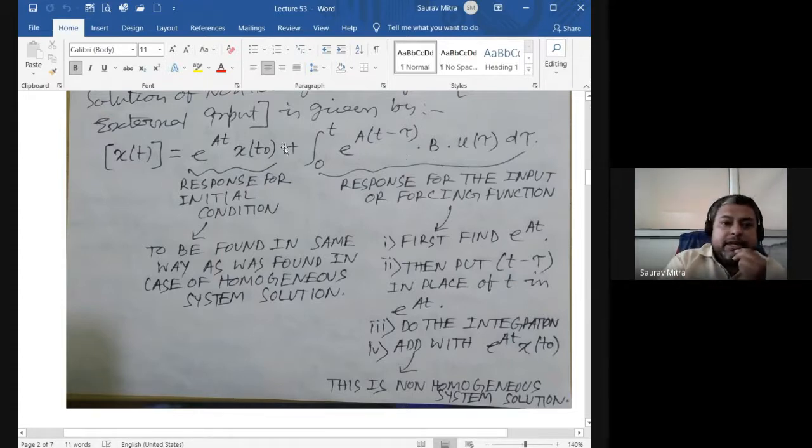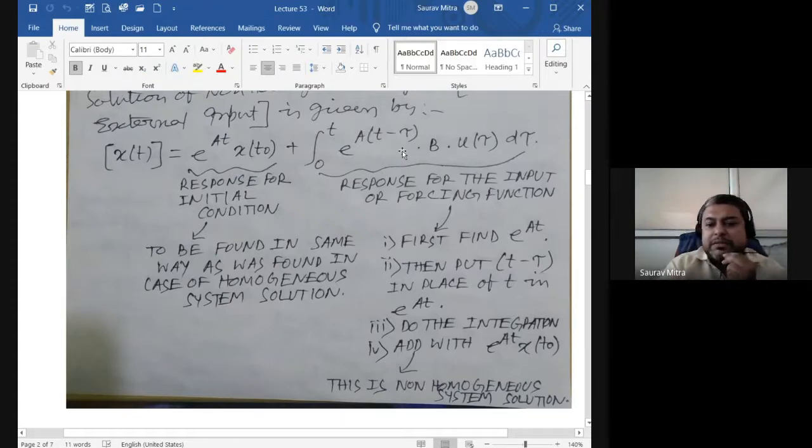Here e raised to a t into x0 is also a column matrix, x(t) is also a column matrix, x1(t) and x2(t). e raised to a t into x(t0) is also a column matrix, 2 cross 1. e raised to A(t minus tau) B, if you multiply them, will also be a column matrix. That means you will find an equation of x1(t) equal to this initial part plus this forced part. x2(t) also will be an initial part, the ZIR part, plus the forced part.